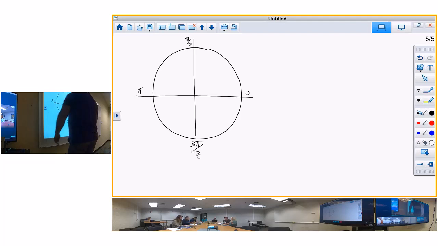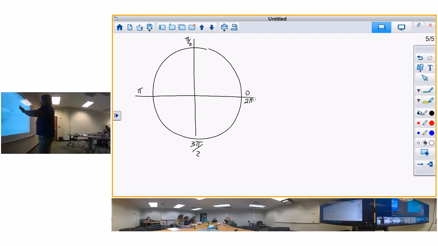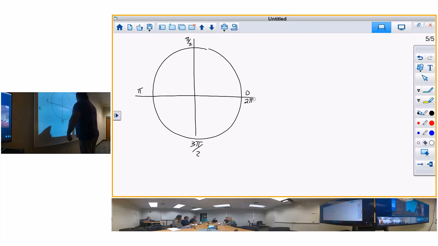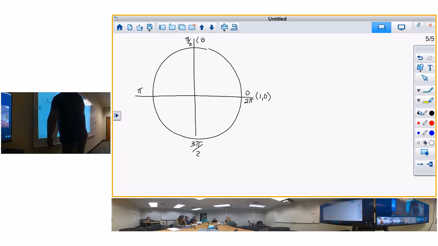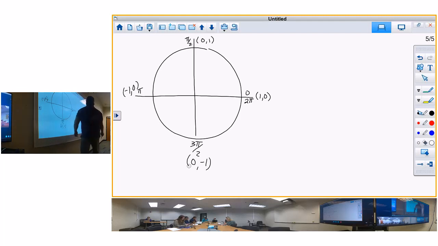And this is 2 pi. Now, if you unroll the unit circle, remember, this is what? 1, 0. Everybody with me? This is 0, 1. This is -1, 0. This is 0, -1.